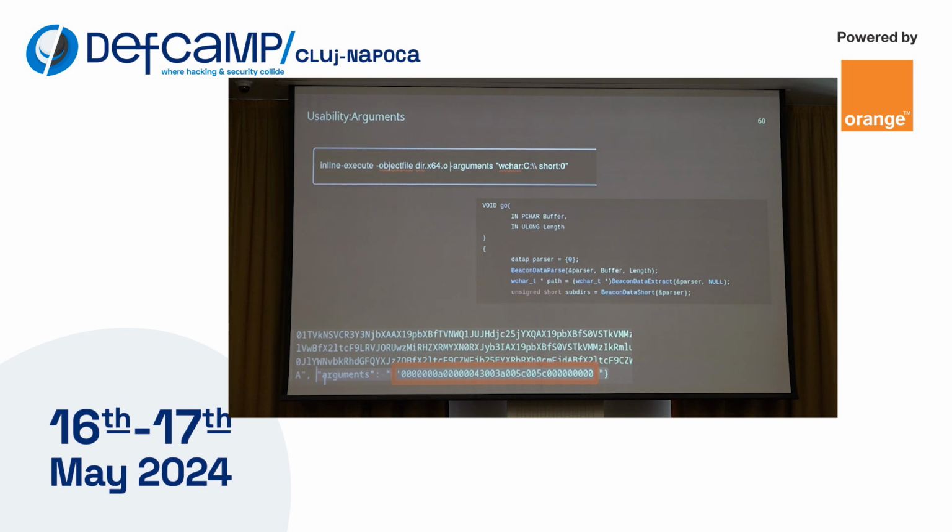But another problem here is that, since the object file is C code, it is really essential to have the correct order. For example, here I'm sending the wide char and then short.